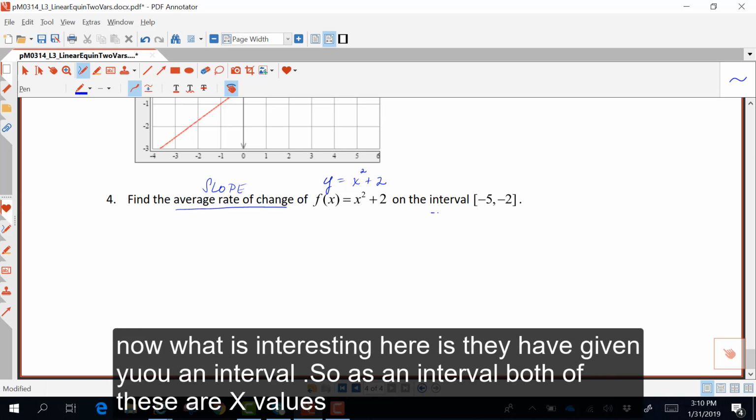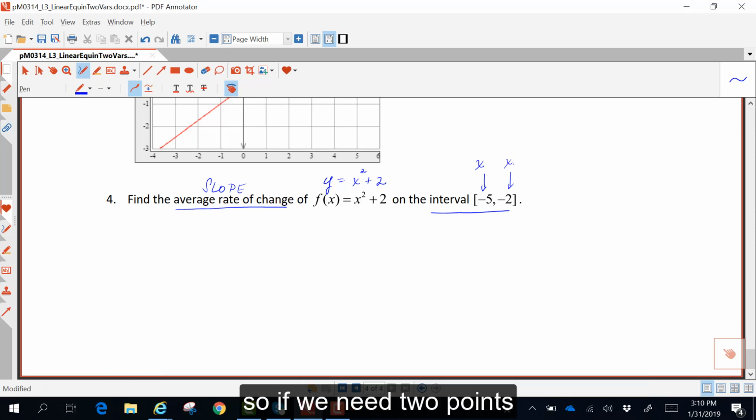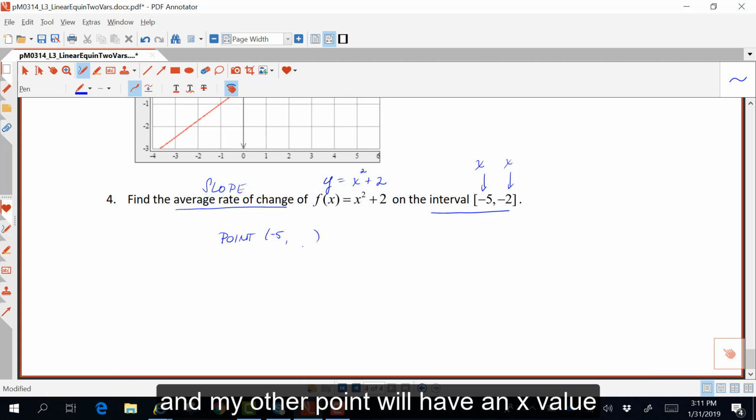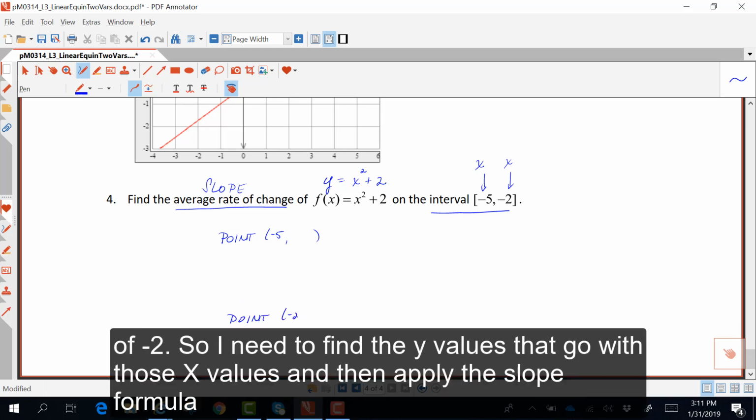Now, what is interesting here is they've given you an interval. So, as an interval, both of these are x values. So, if we need 2 points to find the slope, one of my points will have an x value of negative 5, and my other point will have an x value of negative 2.